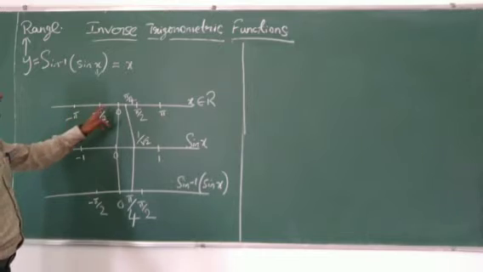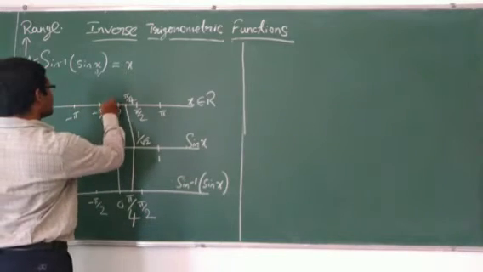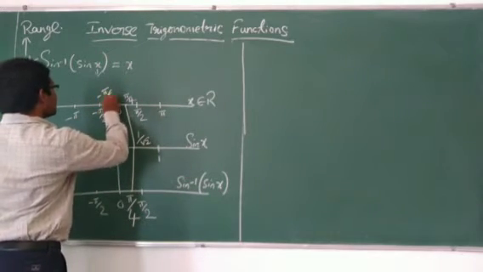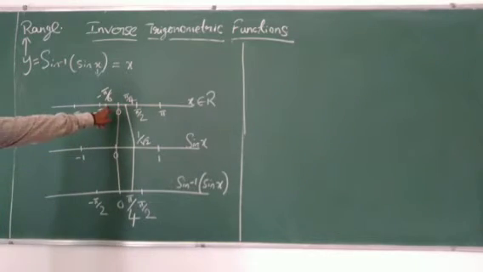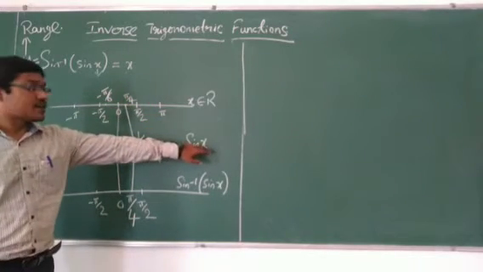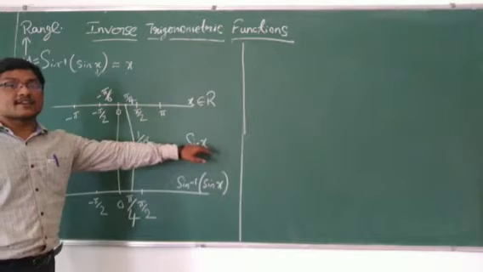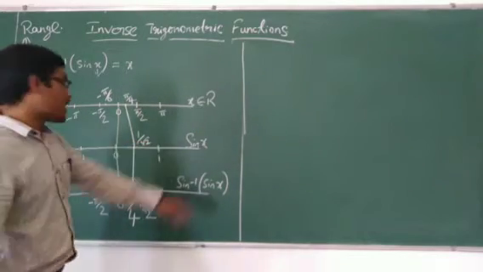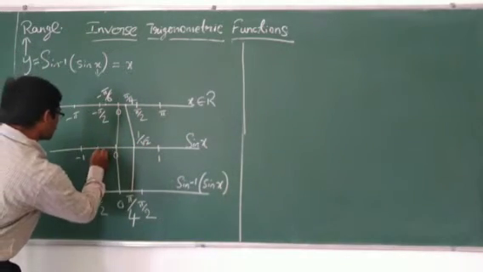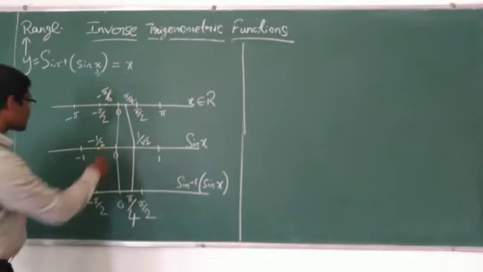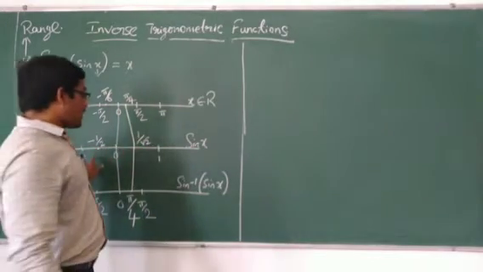Let's take the negative side. Suppose I take x as minus pi by 6. What is sin of minus pi by 6? Sin of minus pi by 6 is minus 1 by 2. Now sin x is minus 1 by 2.